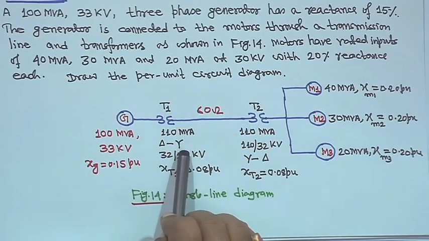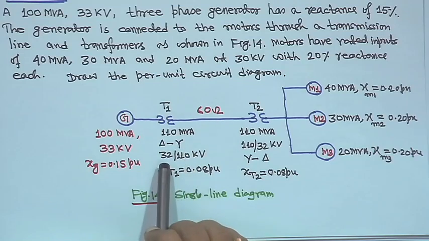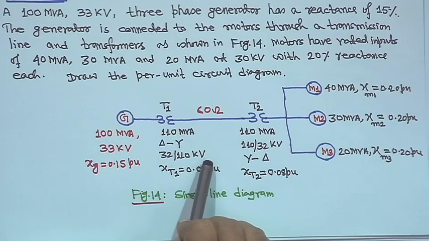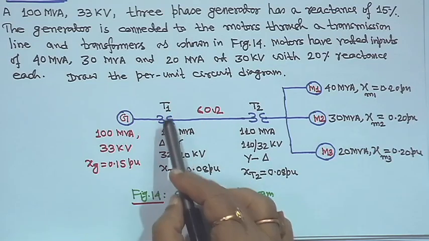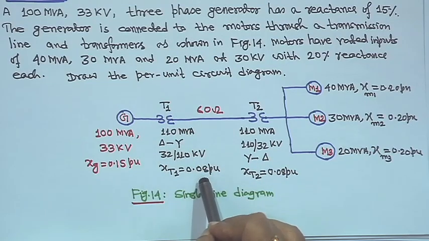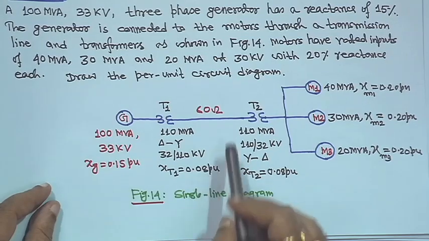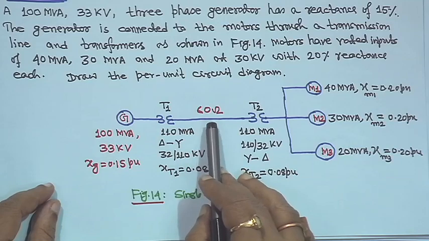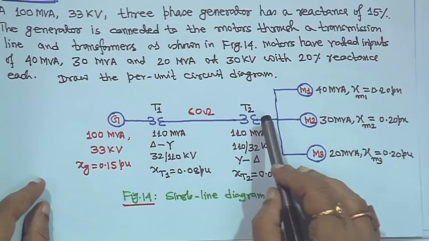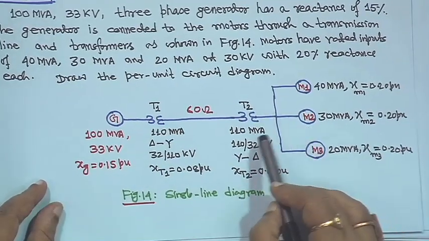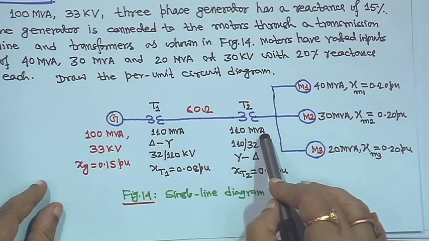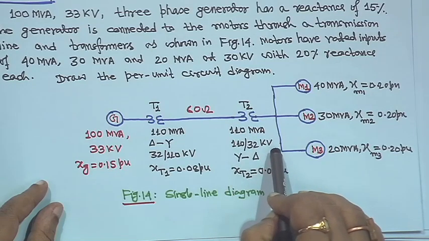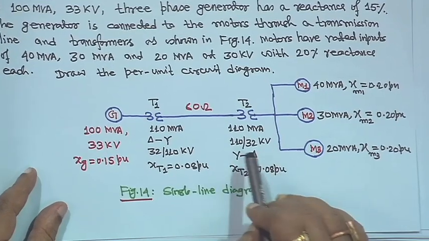It is a delta-star transformer, delta side is 32 kV and star side is 110 kV, all line to line, and XT1, the reactance of this transformer, is 0.08 per unit. Then we have the transmission line, this is 60 ohm, and this is transformer T2. Here also 110 MVA, transformer T2 also 110 MVA, voltage also 110 by 32 kV, that is high voltage side is 110.